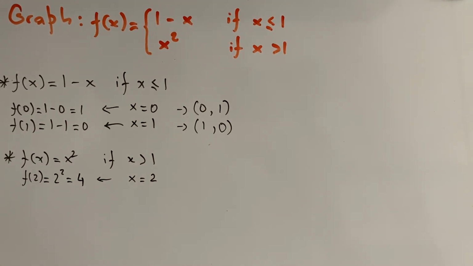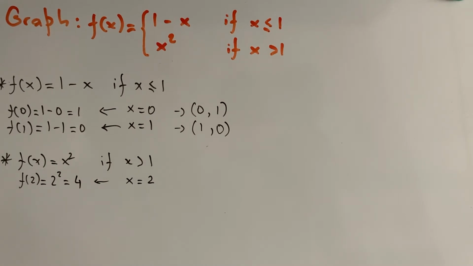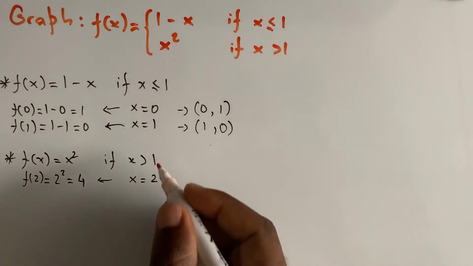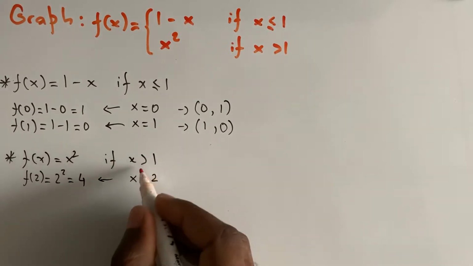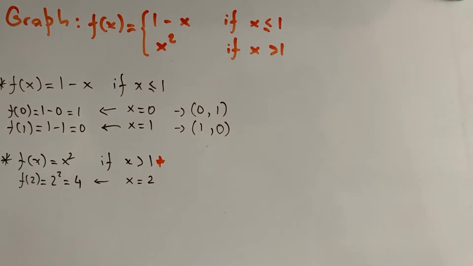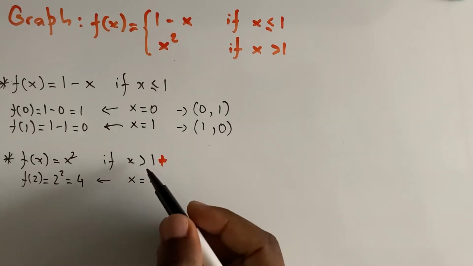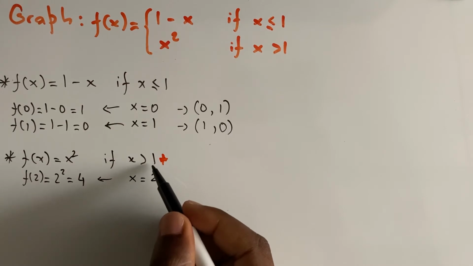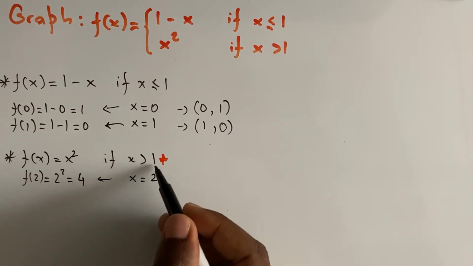Okay, now this is the part that actually, it's not too tricky, but it actually tricked people. In this case here, since it says greater than 1, let me put an asterisk here. Since it says greater than 1, it means that you will not choose 1, but you will choose anything close to 1.